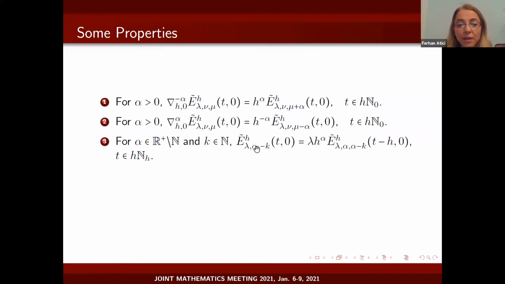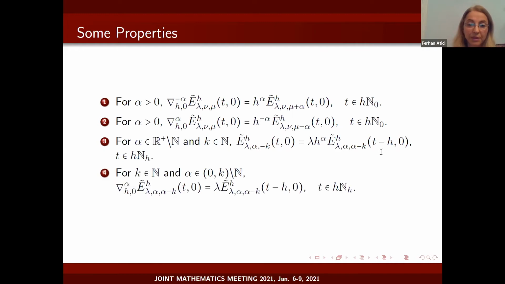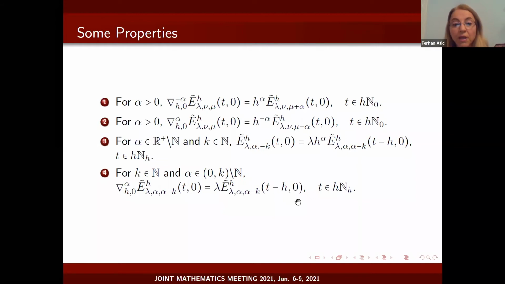Then we have such a relation, and as you see, some delay term is occurring. Going from here to there is a lambda, and the delay term is occurring. With this property, I get this nice property: when I apply the alpha fractional difference operator to the Mittag-Leffler function, it satisfies this side.